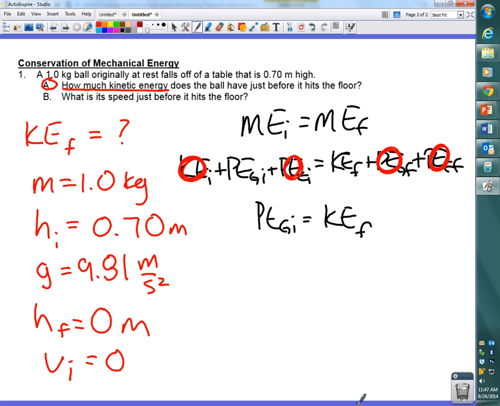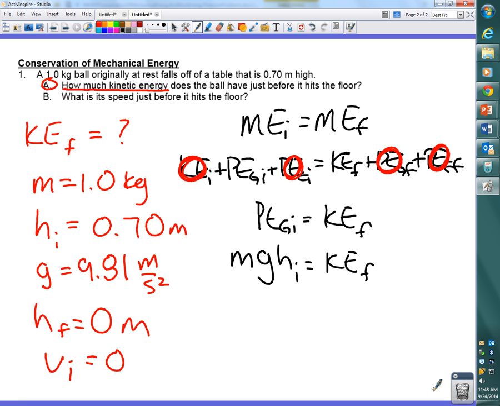Tommy, you just told us that the gravitational potential energy of an object depends on 3 things, right? What does it depend on? Mass, gravitational acceleration, and height. Tommy, if we're talking about the initial gravitational potential energy, which height should we worry about? The initial height. Does that make sense? Going from that step to the next step? Okay.